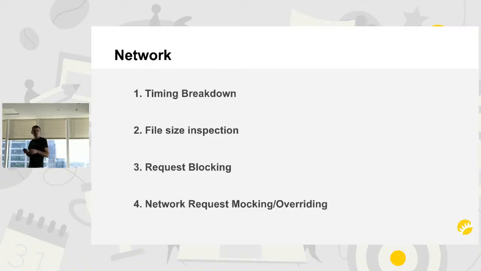We'll just check the time breakdown on the right-hand side, this waterfall section. File size inspection, meaning what file sizes are being loaded from the internet and how that interferes with your page load. Request blocking and network request overriding.